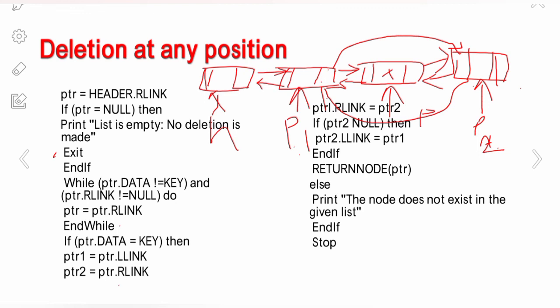That means we are removing the data value x and returning it to the manager. Now after deleting, we have only 3 nodes in the linked list. So this is about how we implement the operations in the doubly linked list.